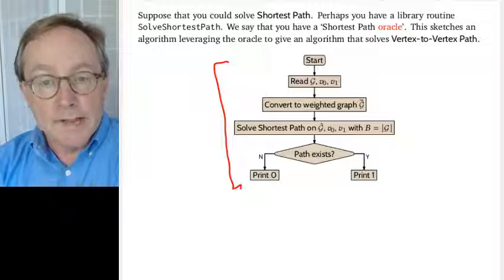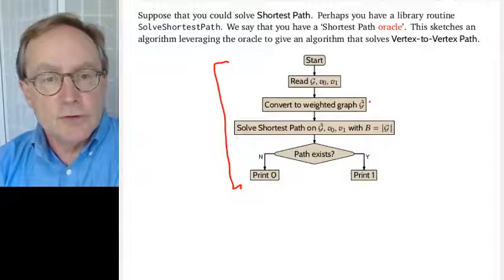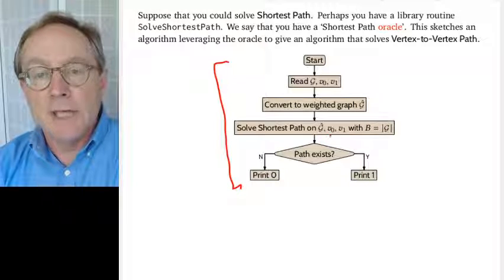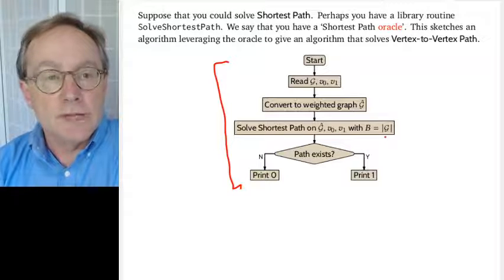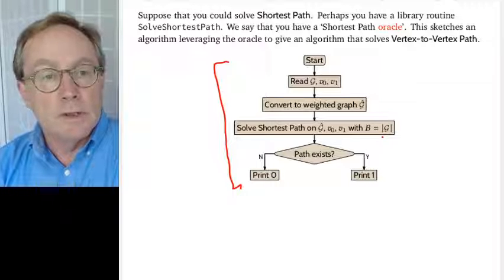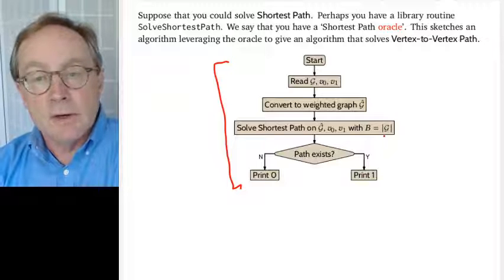I convert the graph G to a weighted graph G hat, just to straighten things out. Then I want to find the shortest path on G hat between V0 and V1 with the bound equal to the size of G, so that I've got a reasonable bound, not an unbounded problem, just trying to do it in the length of the number of nodes.